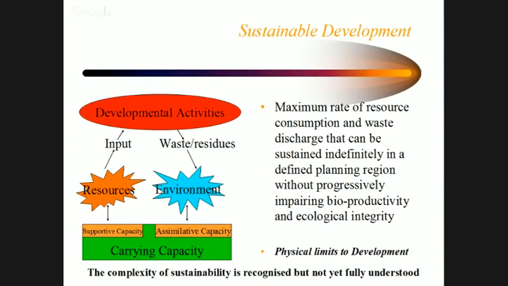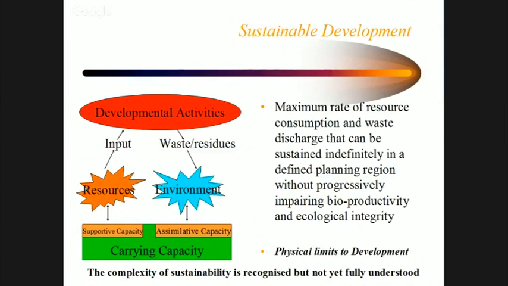And as a part of this activity, we do have a residue or a waste which is created, which comes back to the nature. It cannot go anywhere other than the place from which it has originated. So it comes back to the nature, and the environment has to accommodate or assimilate this particular waste or the pollution which is created.